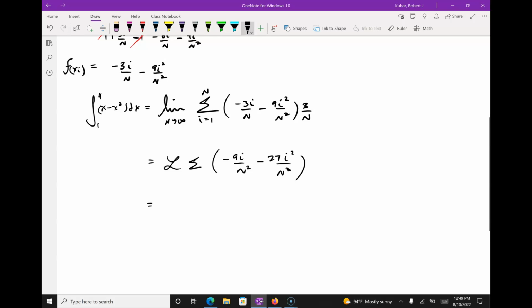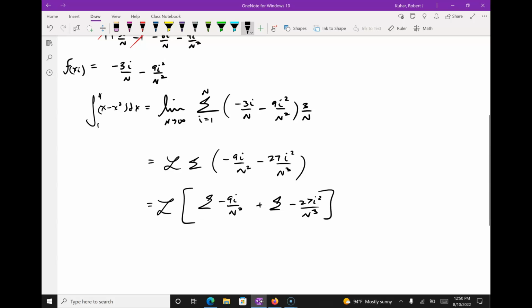I'm going to distribute my sum to 2 pieces. So I have the sum of minus 9i over n squared plus the sum of minus 27i squared over n cubed. Again, my sum is dependent upon i, so everything else can be considered a constant. Constants can move out of the sum. How? By factoring.